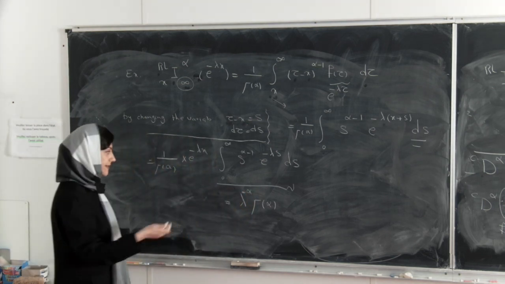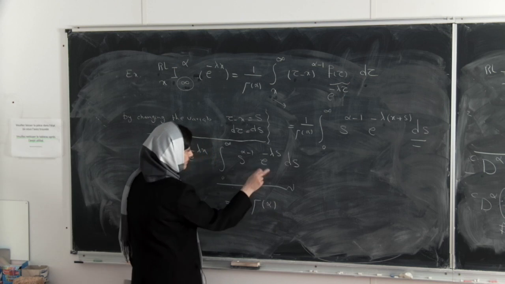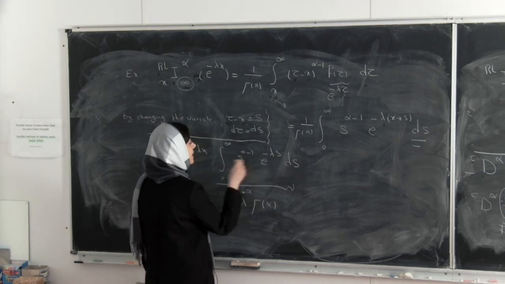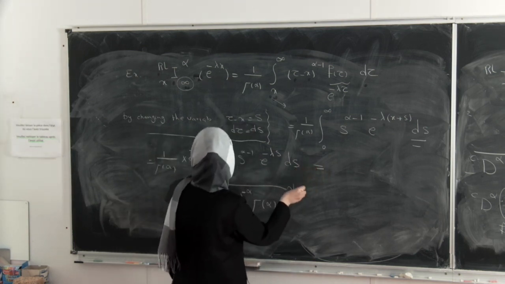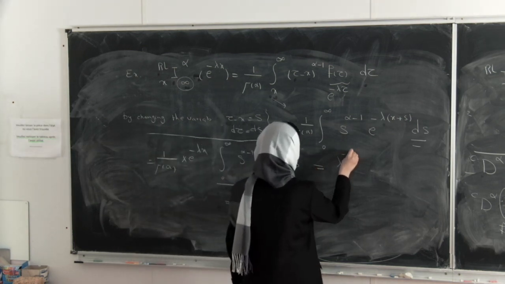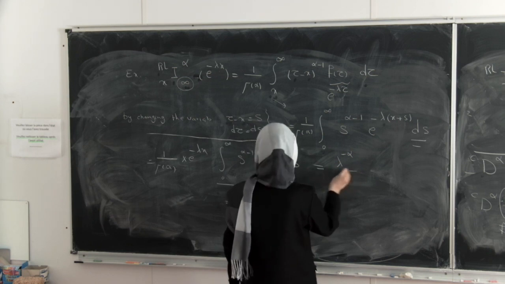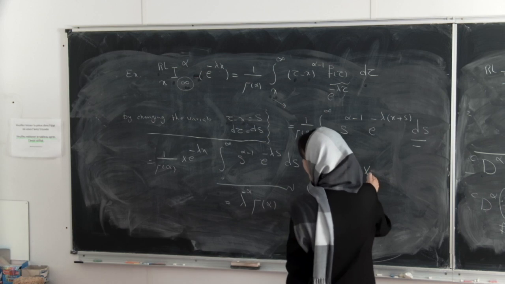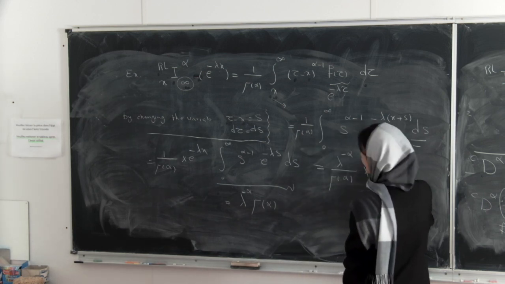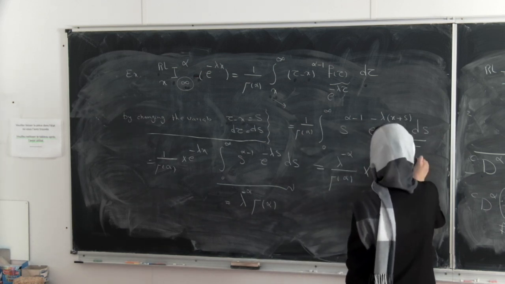It is very simple to find it by the simple change of variable. So here we have lambda to the minus alpha divided by gamma of alpha, times gamma of alpha, e to the minus lambda x.